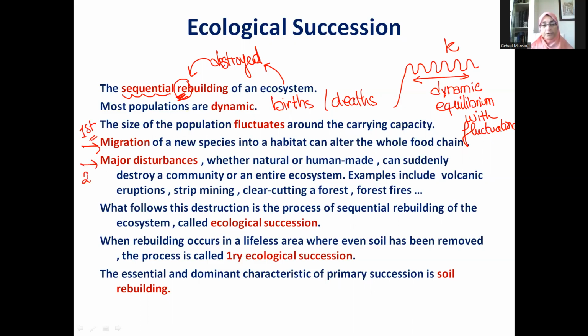The second factor that might disturb the ecosystem are the major disturbances that occur in an ecosystem, whether these major disturbances are natural, like, for example, volcanic eruptions and fires, or human-made. Human-made like what?